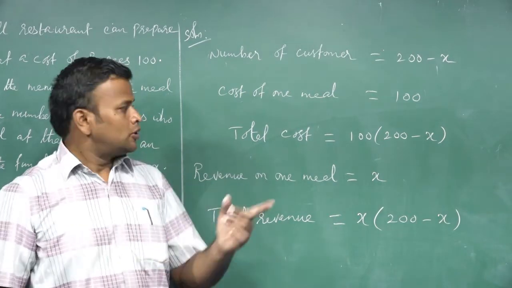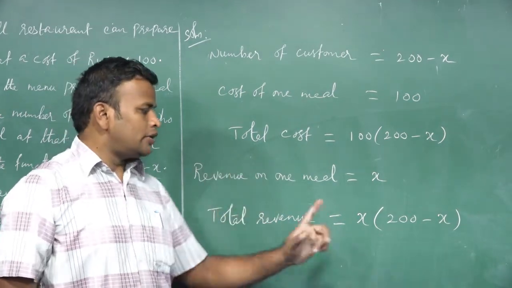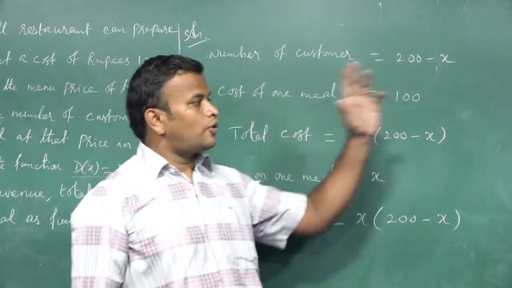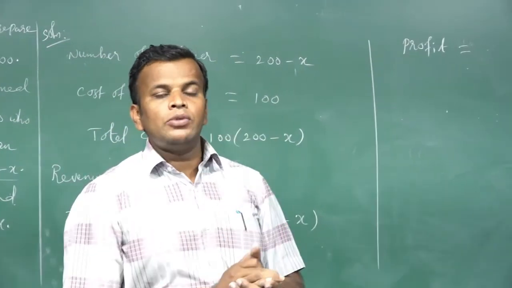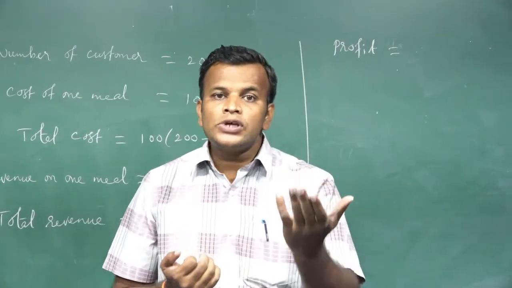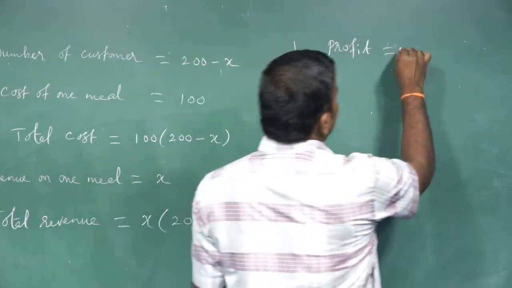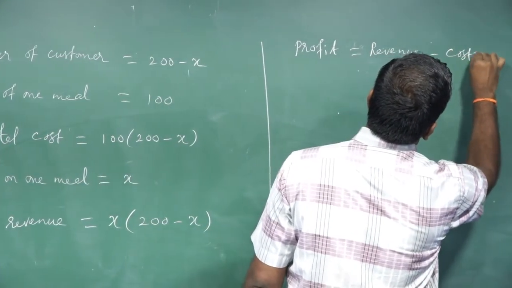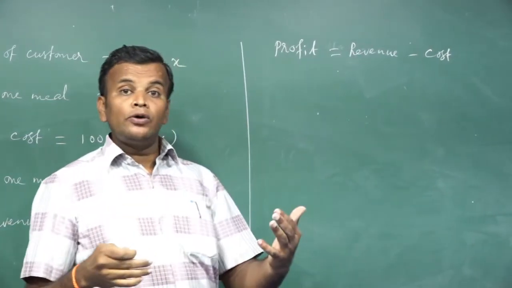Now we have found two values, that is the total cost and total revenue. And also we need to find the profit. So now we write the profit. Okay, here what is the formula of profit? Profit is nothing but revenue minus expenses. So revenue minus cost. That means the total revenue minus total cost.